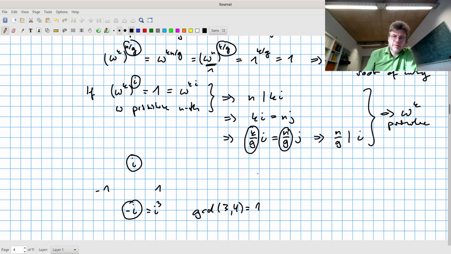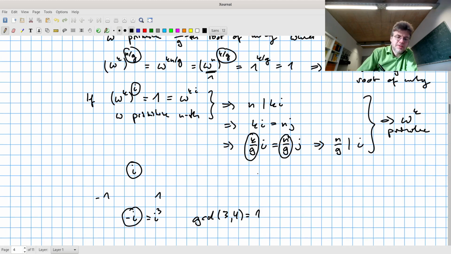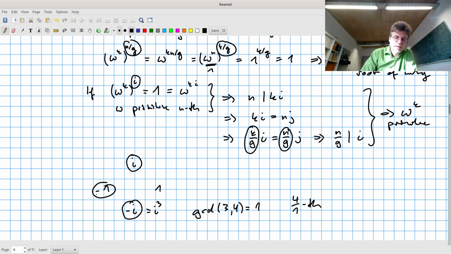So by what we have proved here, this is a 4 over 1 root of unity, so it's a 4th root of unity. Whereas this one, GCD of 2 and 4 is equal to 2, is also a second root of unity, and so on.